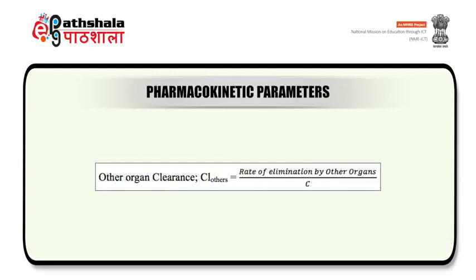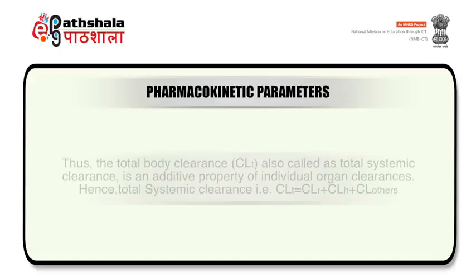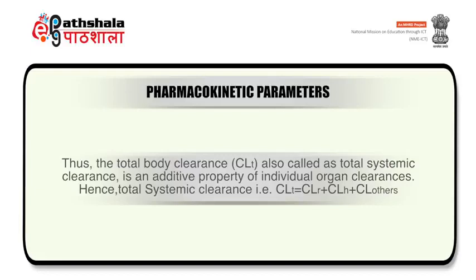Similarly, for other organ clearance, CL others is equal to rate of elimination by other organs divided by the plasma concentration. Thus, the total systemic clearance is an additive property of individual organ clearance, and hence total systemic clearance, that is CLT, is the sum of renal clearance, CLR, plus hepatic clearance, CLH, and clearance of other organs.